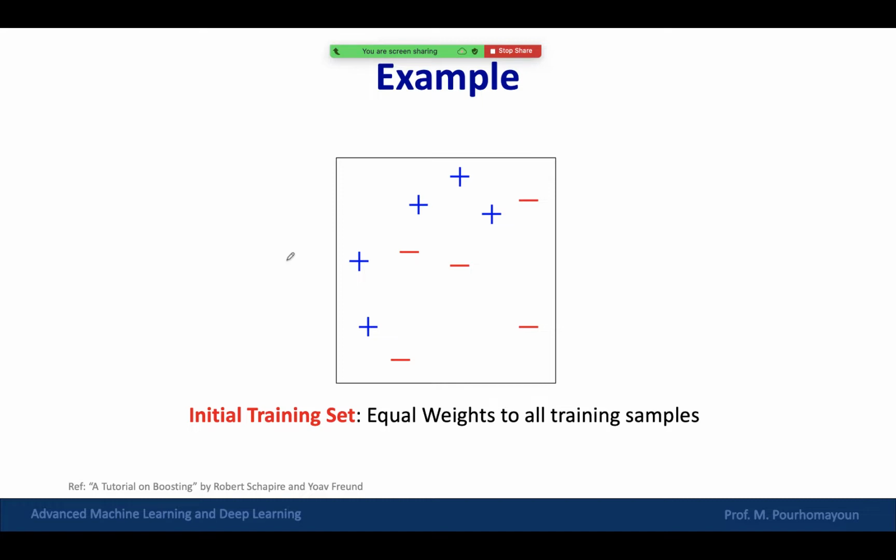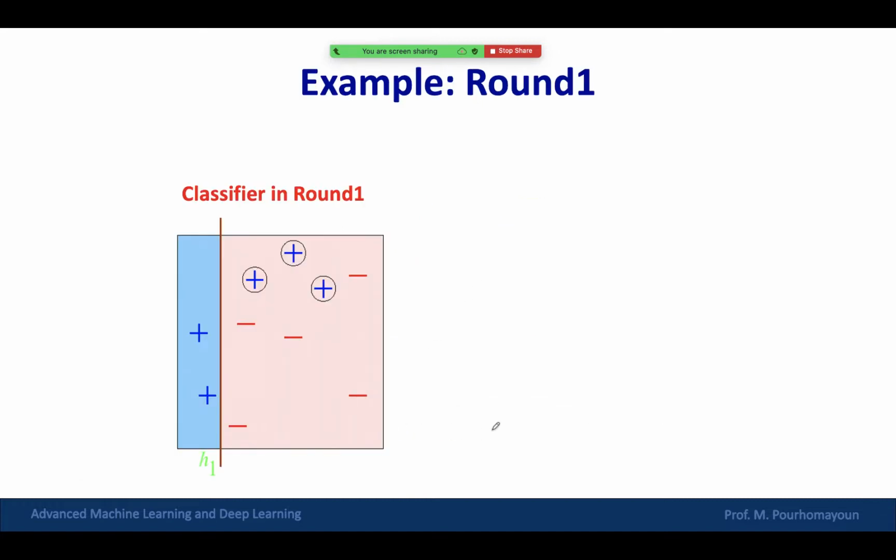So at the beginning, as you see, positive samples and negative samples have equal weights. This is our first classifier that I use. I want to train my first classifier, and this is just a line. It is just a simple linear model, the simplest type of classifier ever.